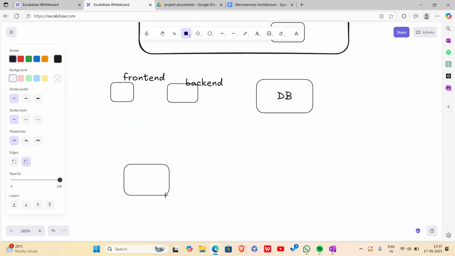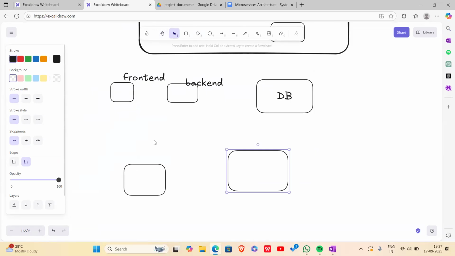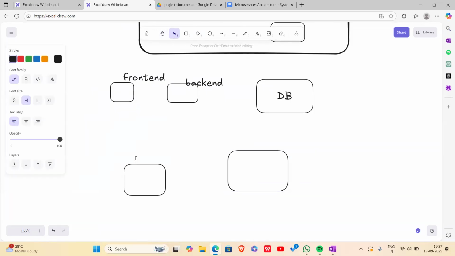Let's see, business capabilities. This one is going to be dealing with user login and the money.